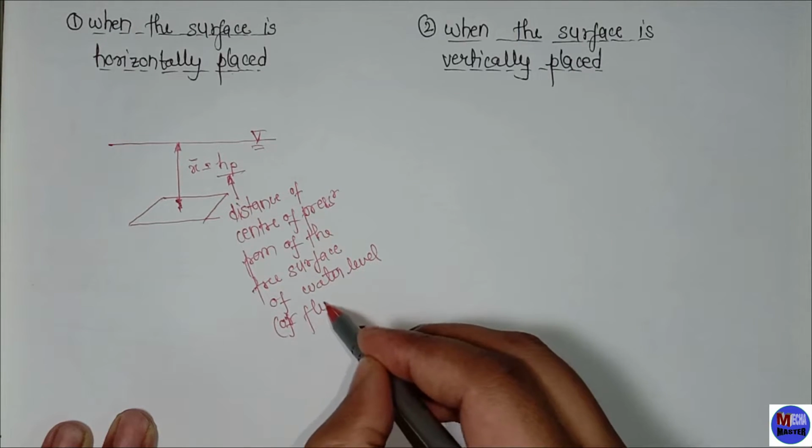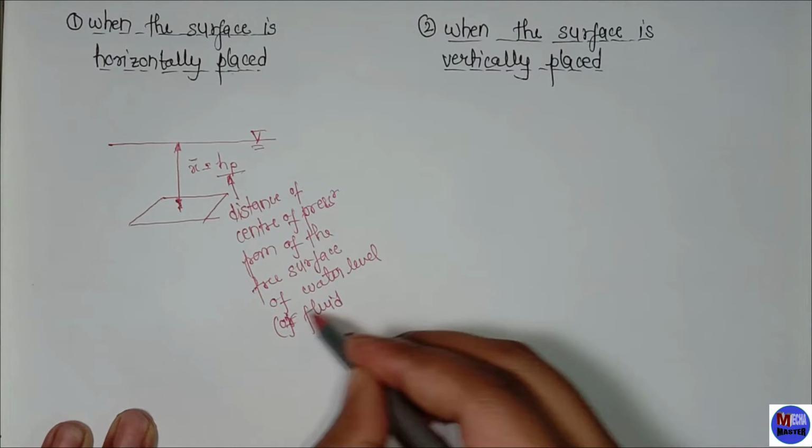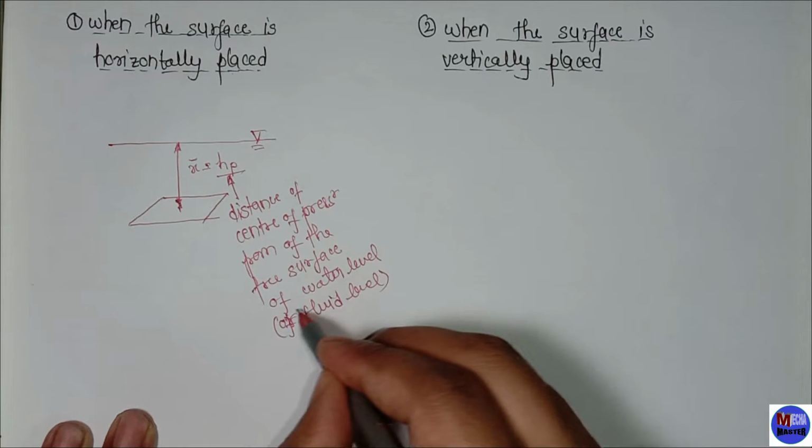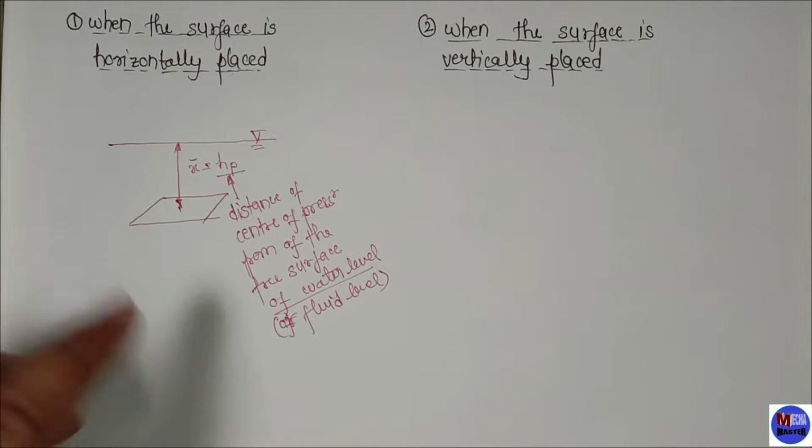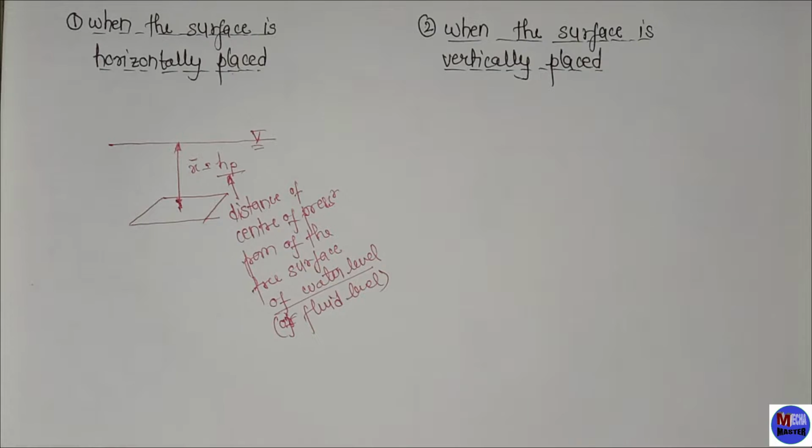X bar is defined as the distance of centroid from the free surface and HP is equals to center of pressure from the free surface. Both are same in the case of horizontally placed surface.